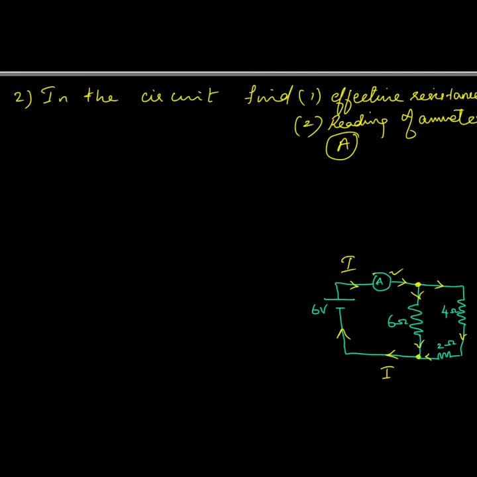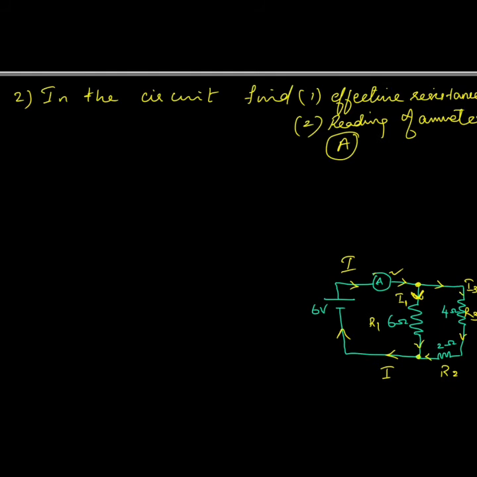Since the resistors are not given names, we can give names. Let it be R1, then let this be R2, and let the third one be R3. We can identify that the current which is passing through R1, let it be I1. And the current which is passing through R3, here it is split, so you can name it as I3.